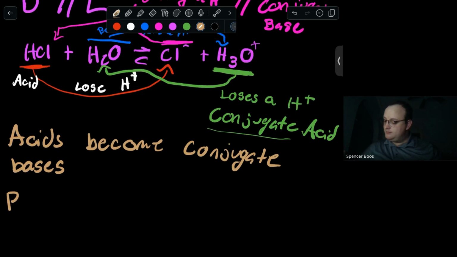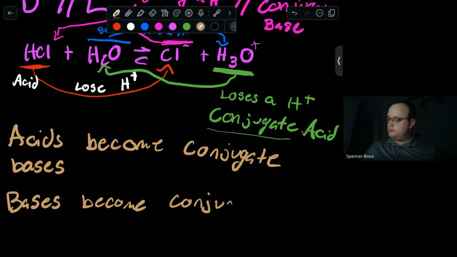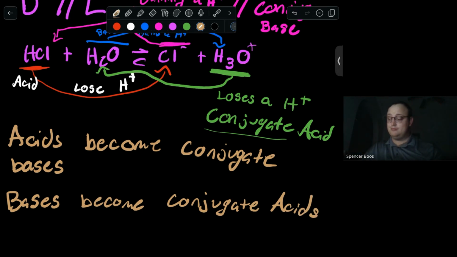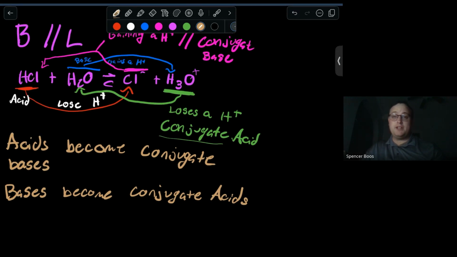Bases become conjugate acids. And that's it. Always. So once you identify the acid and the base, you've actually done the entire question. You've identified the other two, which are conjugate acid and conjugate base. Done this one, do this one.